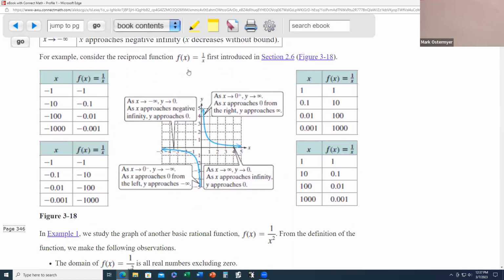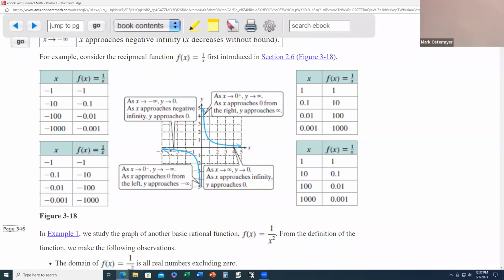Let's take a look at the graph of f of x equals 1 over x. You can see that it has been graphed in blue here. We're going to look at the behavior of this graph as far as its relationship with the x-axis and the y-axis. Notice as I go far to the left on the x-axis, in other words, as x approaches negative infinity, the y values on this graph are actually approaching 0.